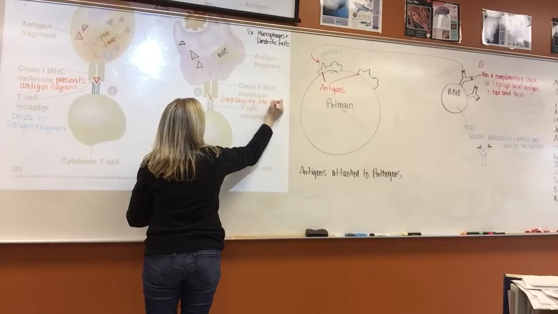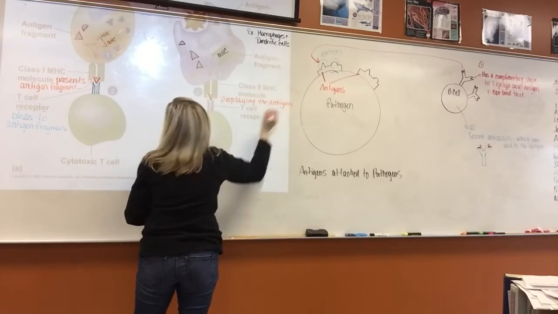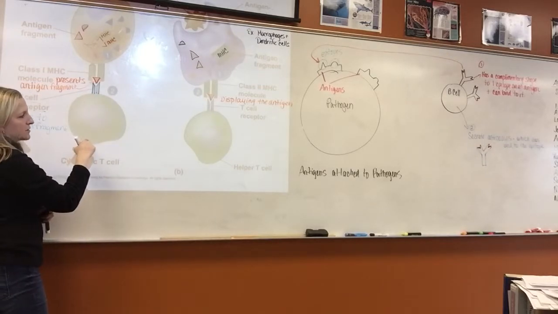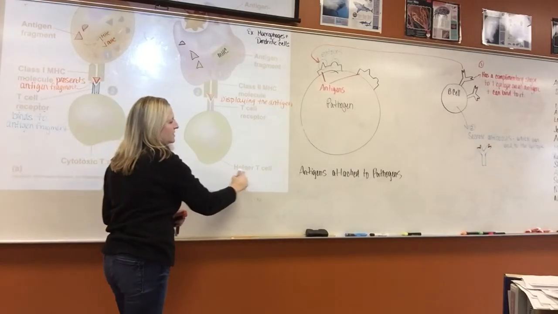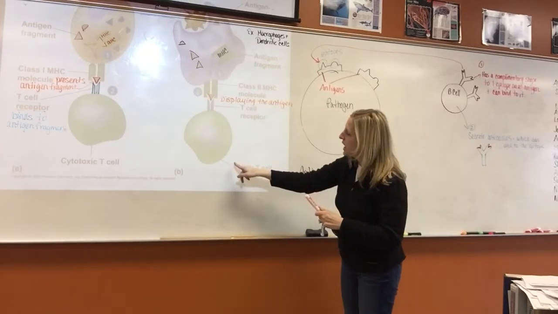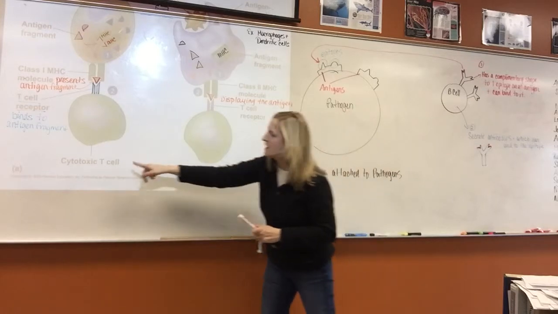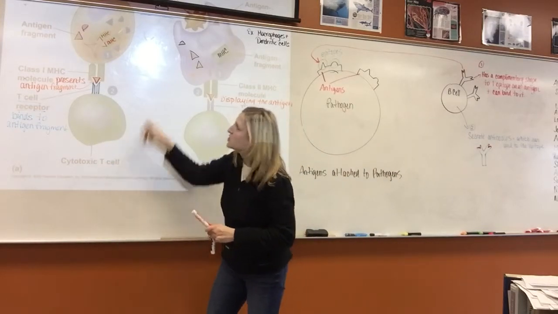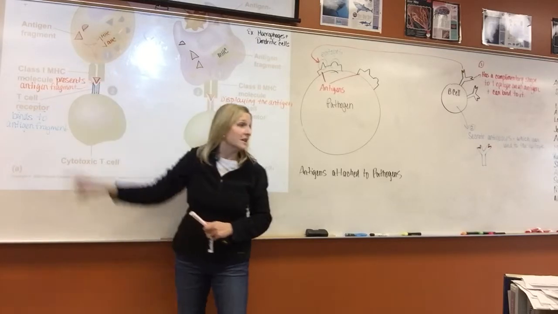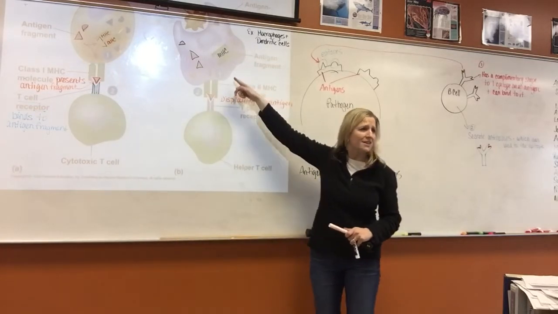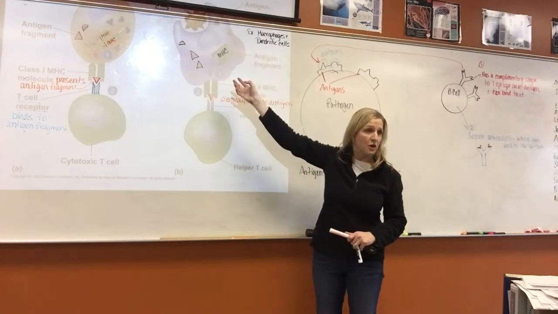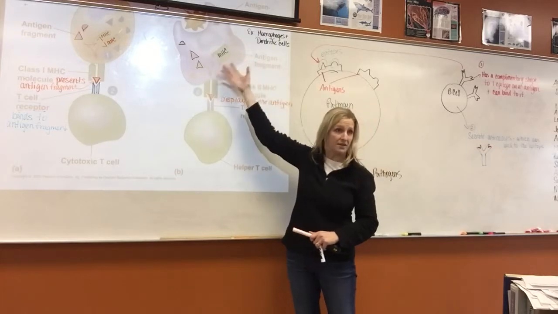But instead of the cytotoxic T cells binding to it, we have a different kind of T cell called the helper T cell. The helper T cells work differently than the cytotoxic T cells. Those destroy the cell they bind to. Why is that a good thing? Because it's an infected cell. But notice this cell isn't infected. This cell's just doing its job, destroying your microbes. So we want to help this, all right?